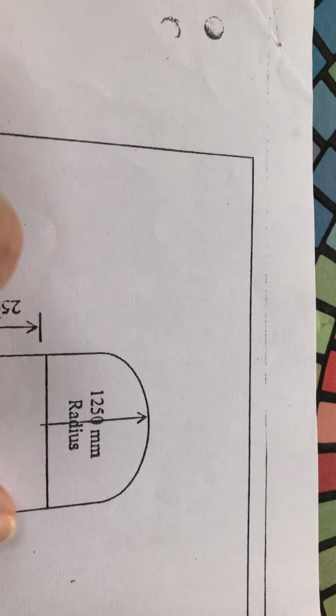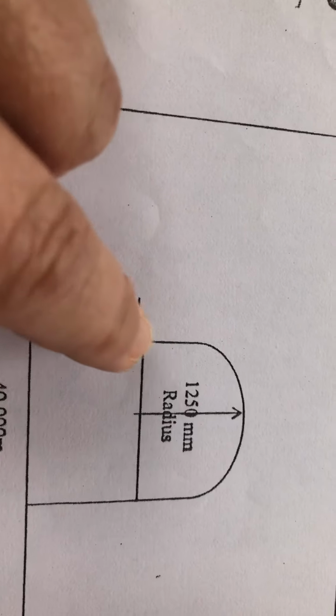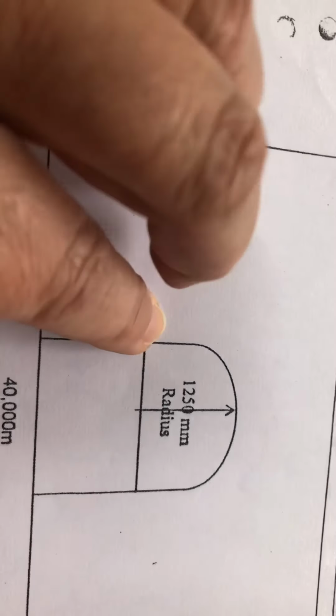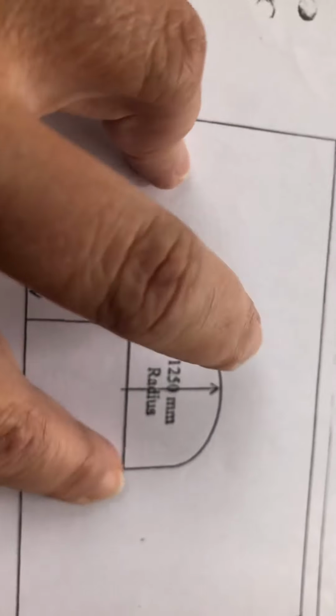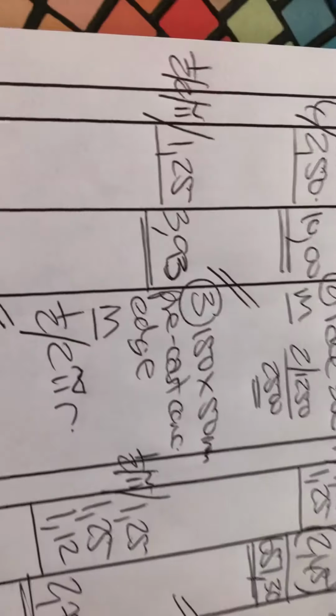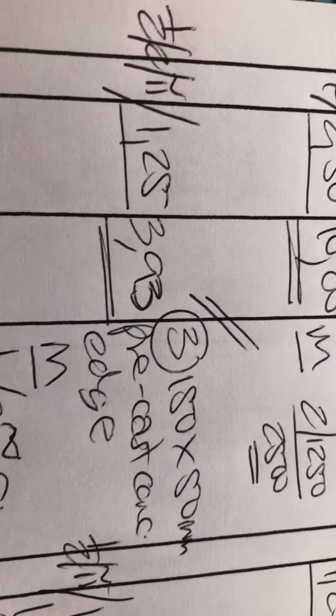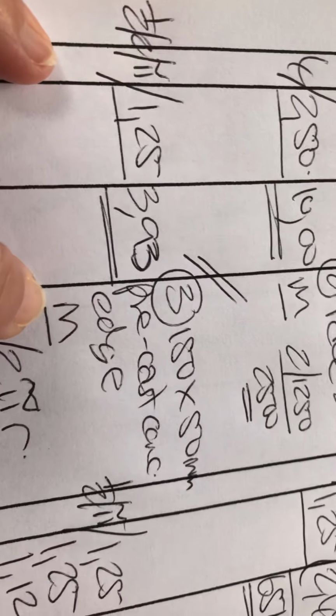Remember, this was already a paved or brick on edge paving, so the edge that's left over is just around there, not there as well. So we will write our word picture as 150 by 50 millimeter precast concrete edge. Again, it's in meters.